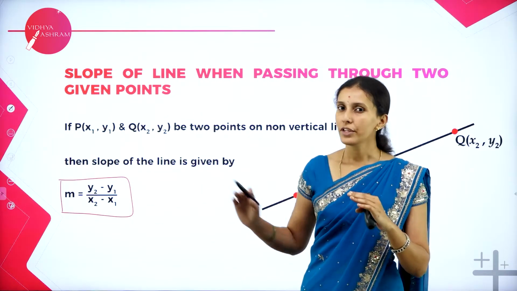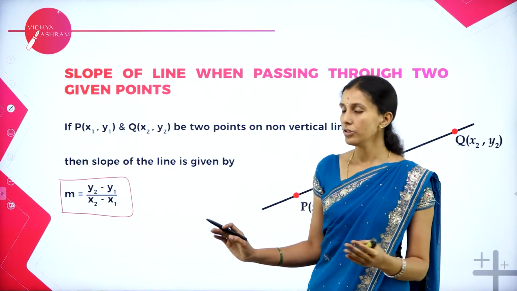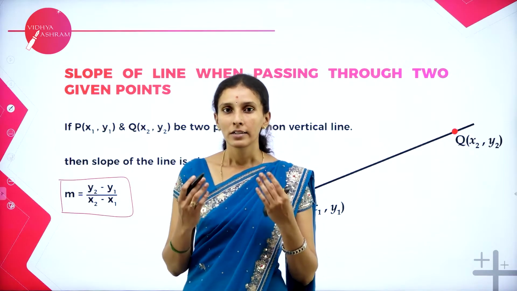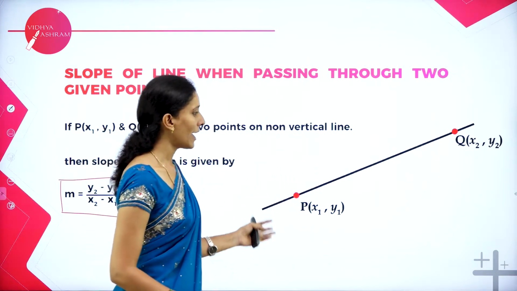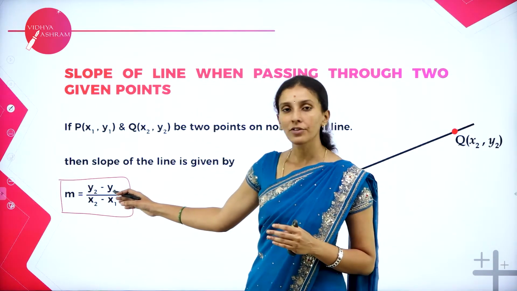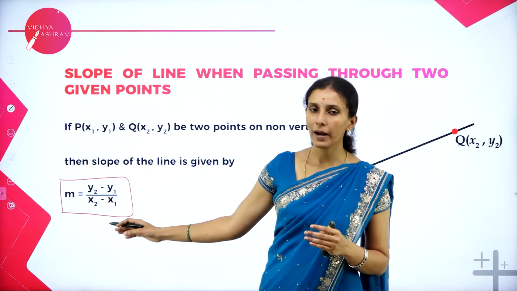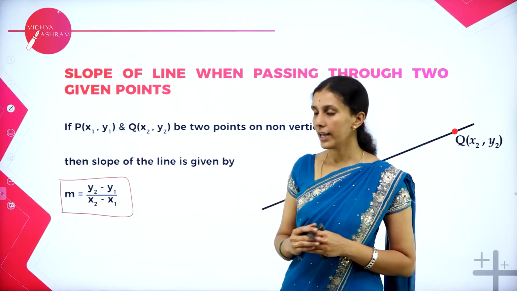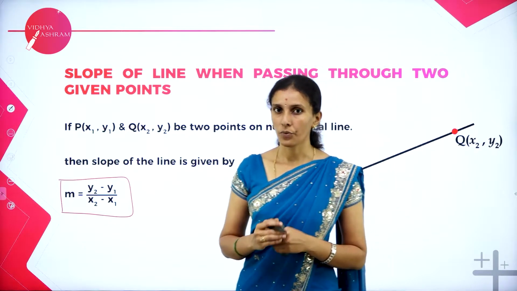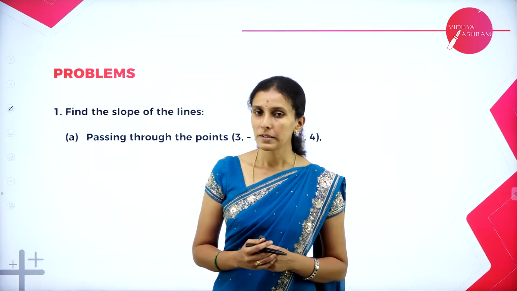The derivation is not necessary for your examination. Just learn the formula for how we calculate the slope of a line passing through two given points. That is, m is equal to the difference of y coordinates divided by the difference of x coordinates, y2 minus y1 divided by x2 minus x1. Now we will solve a few problems based on that.